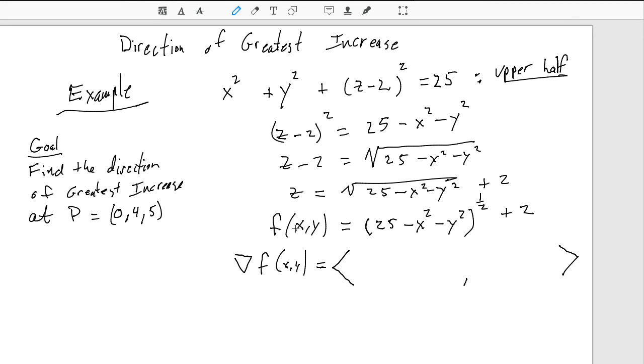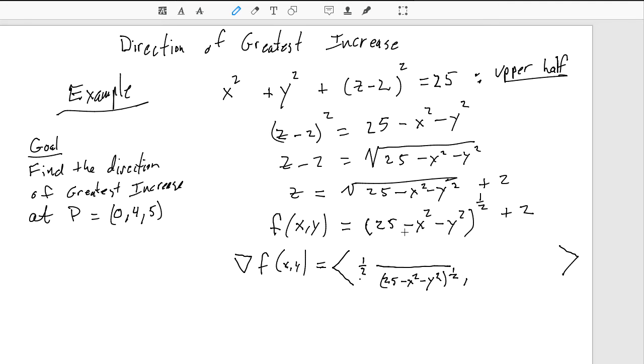All right, so the partial with respect to x then, we have to bring this 1/2 down. And then all of this is going to go to the negative 1/2, which is going to shoot it into the denominator. All right, so we have 25 and that's to the 1/2 down there.